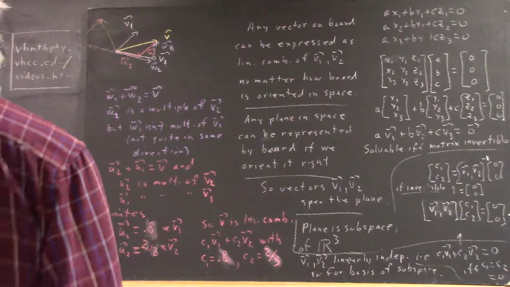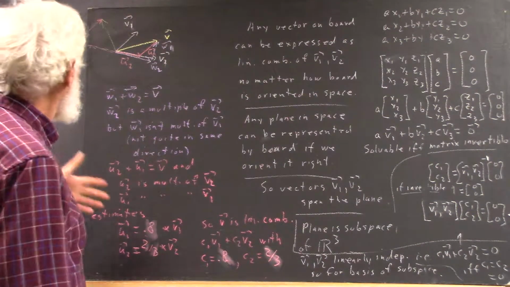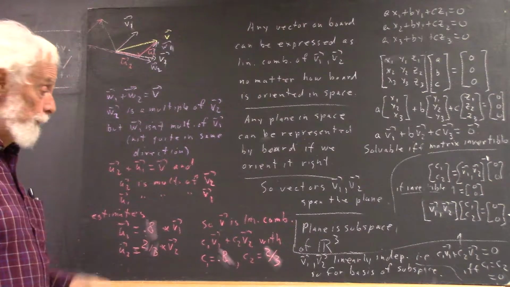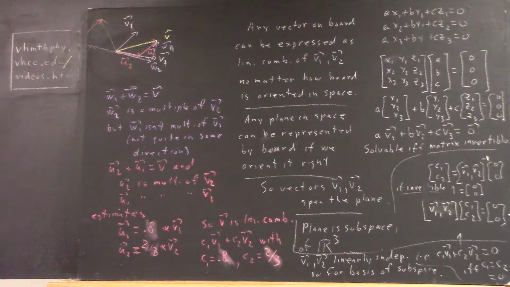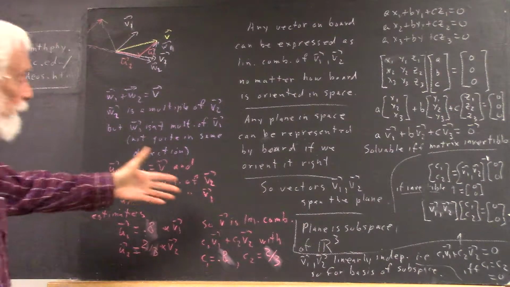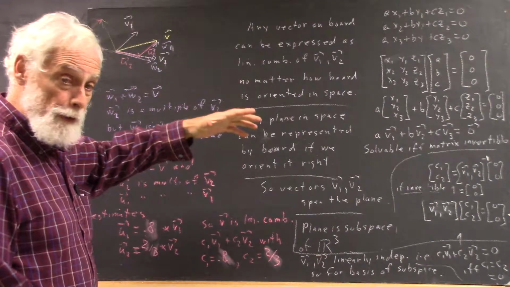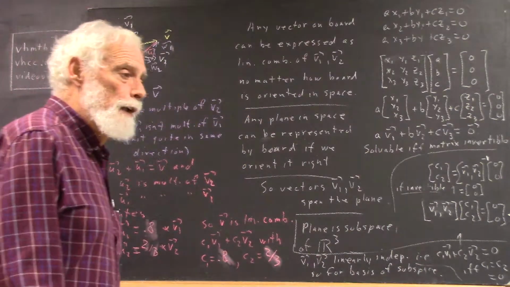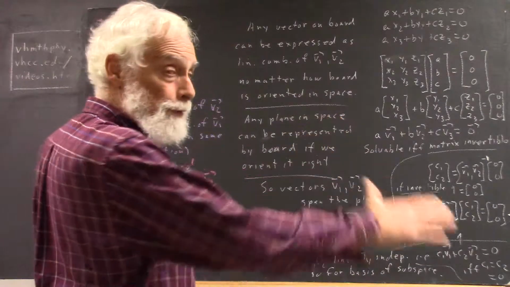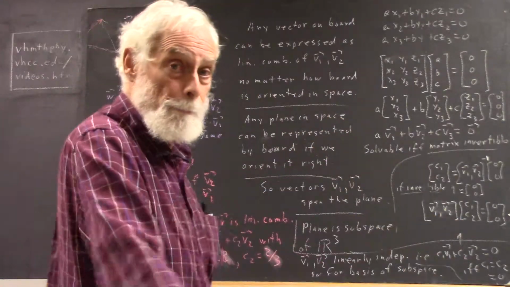Okay, so any vector on the board can be expressed as a multiple of v1 and v2. And now we have the statement that any vector in space could be represented by a vector on the board if we just tilt the board right and position it correctly. So if we have a plane in space, a plane like here, okay?